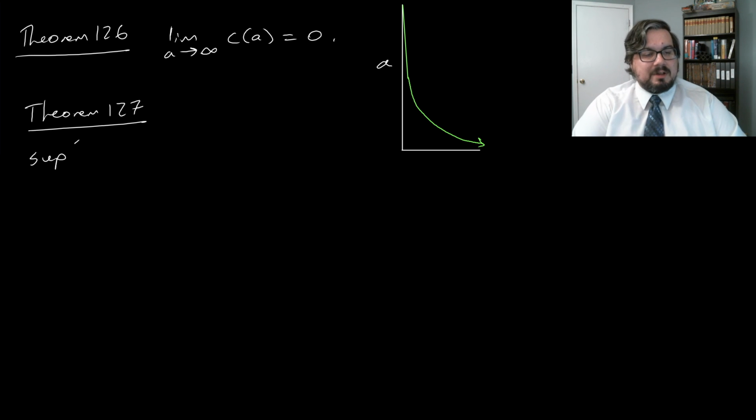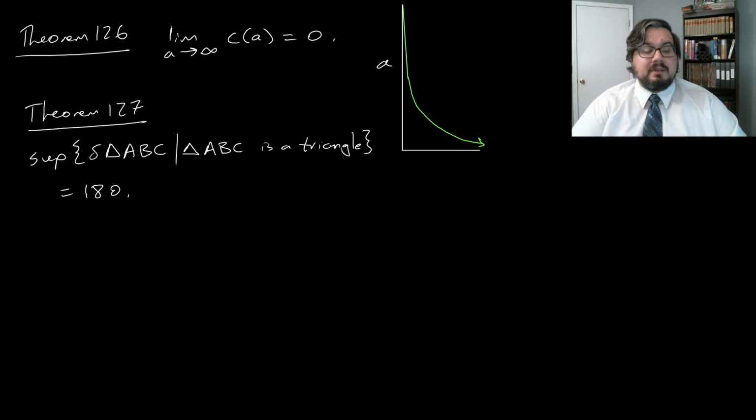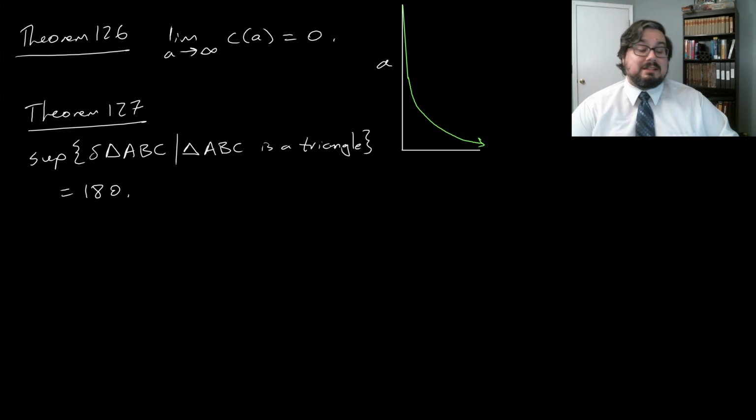The supremum of the defect of all triangles ABC, where triangle ABC is simply a triangle, equals 180. Now again, no single triangle can have a defect of 180, but you can always find triangles that do that. Now the trick to this one is actually looking at small triangles.